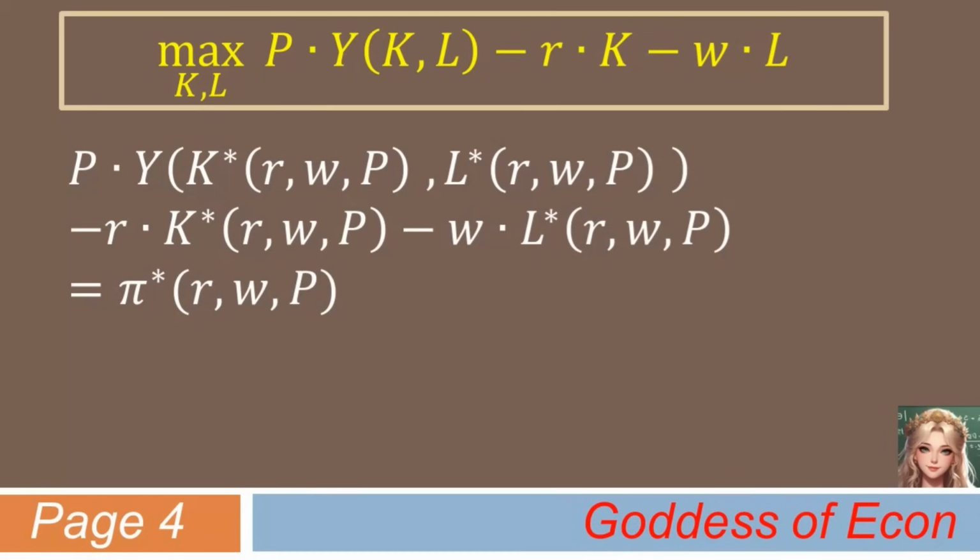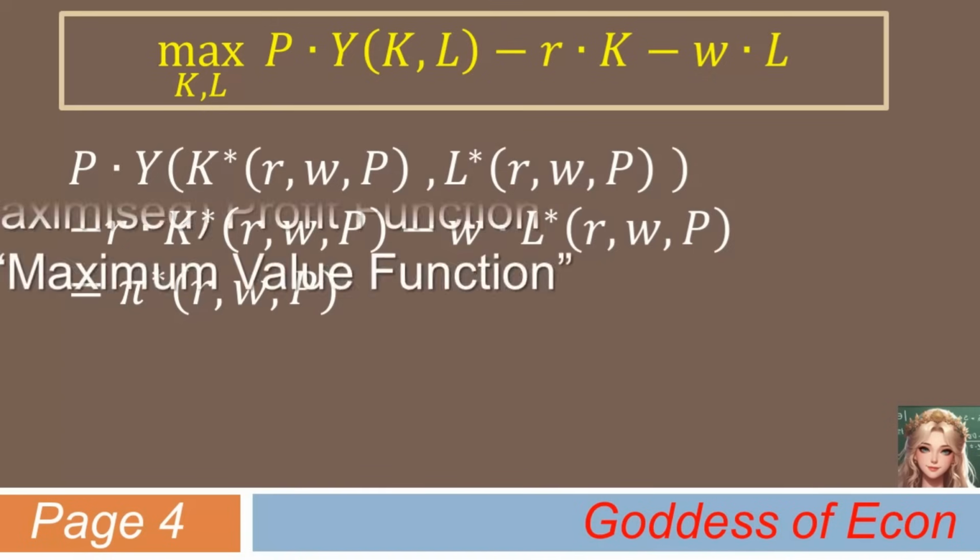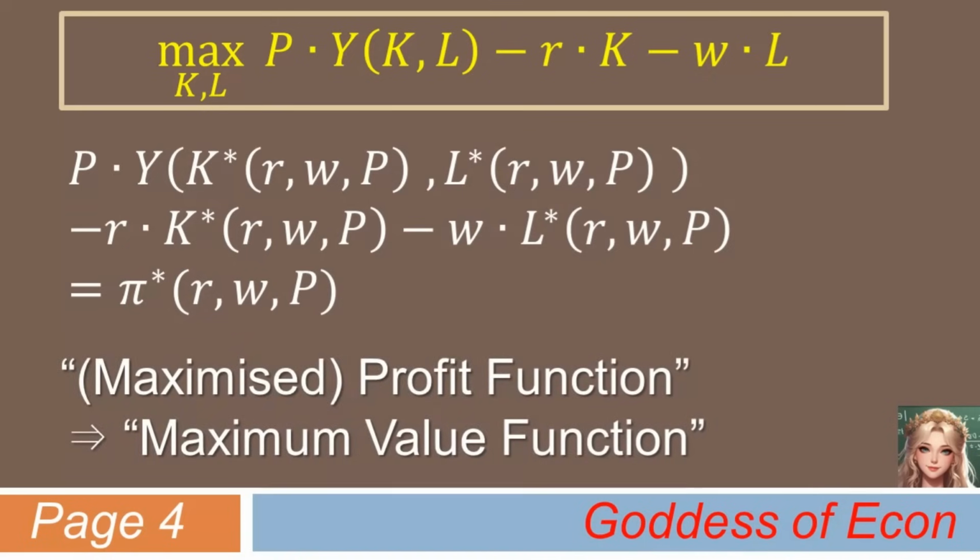In other words, we just plugged in the optimal values of K and L, each expressed as a function of R, W, and P. And since optimal values of K and L have been plugged into the profit formula, the resulting profit function, that is, pi star, should give the maximum profit given values of R, W, and P. Hence, the function pi star above is often called a maximized profit function, or a maximum value function, as it always returns maximum profit given R, W, and P.